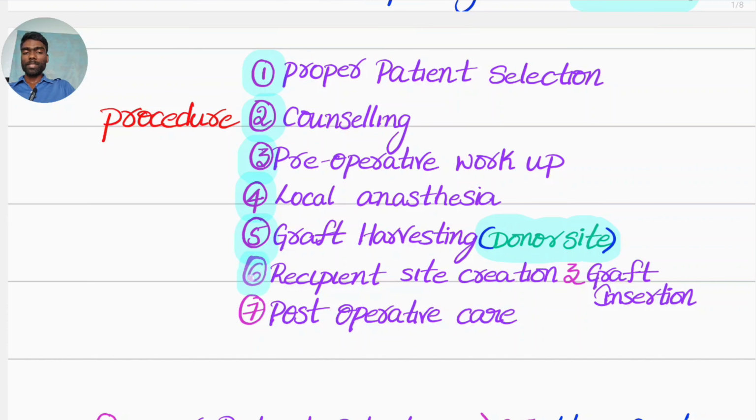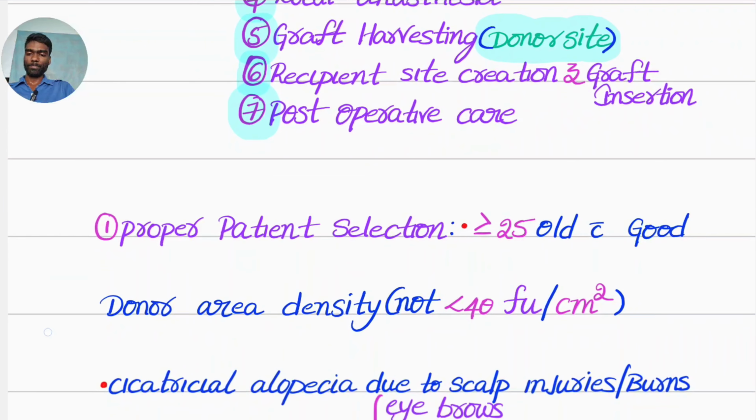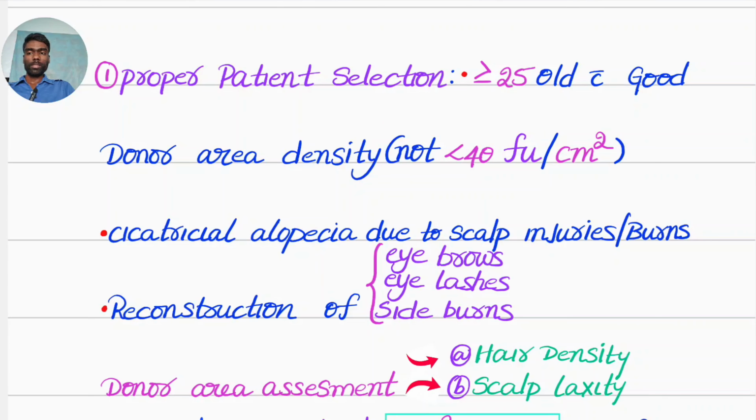Then recipient site creation and graft insertion, inserting the harvested grafts in the bald areas. At the end, post-operative care. It is very important to minimize the complications of surgery. We'll see one by one.